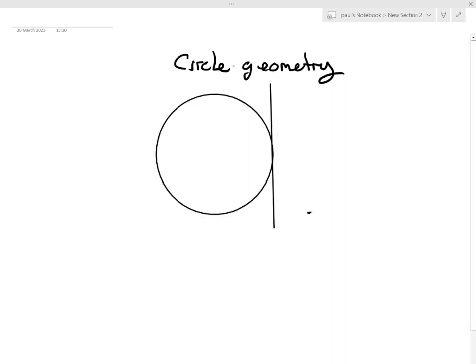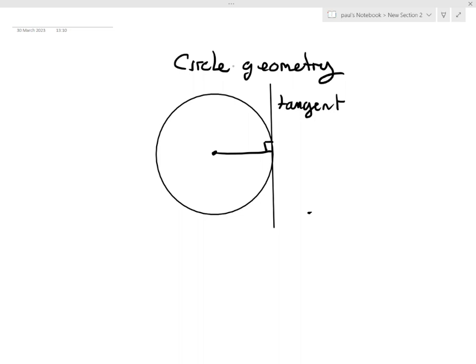line that is a tangent, and we go from the center of the circle to where we meet the tangent, and this is always a right angle.